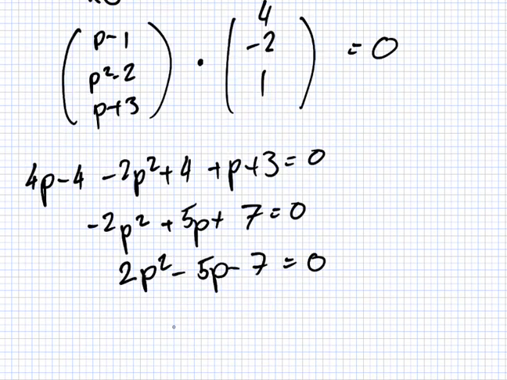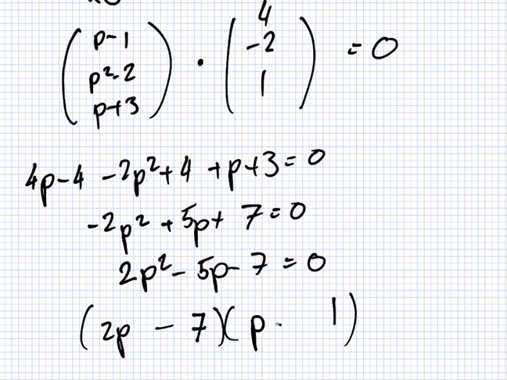Does this have nice roots? Let's see. 2p, p, 1 and 7. The question has to show that, and find the values of p.